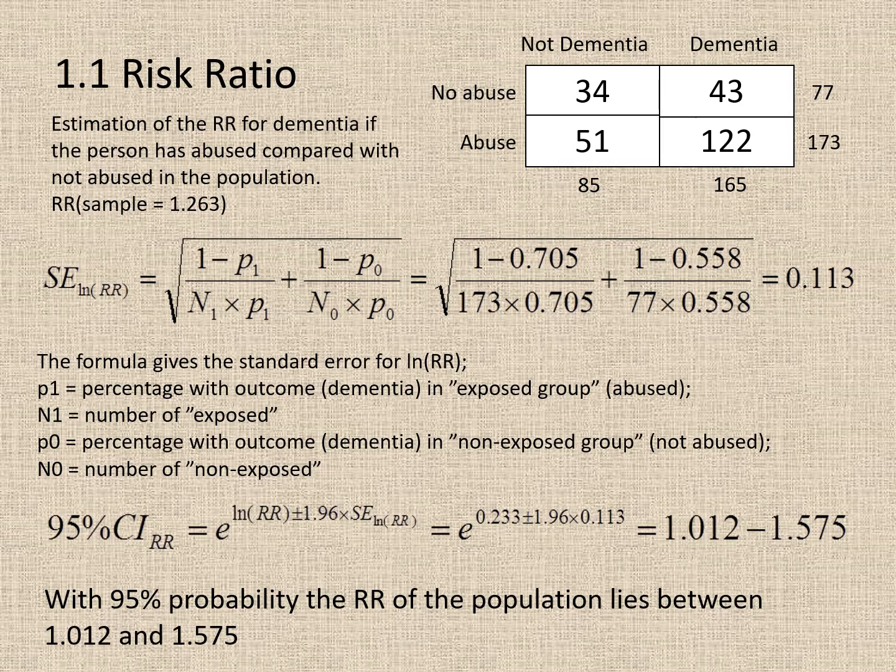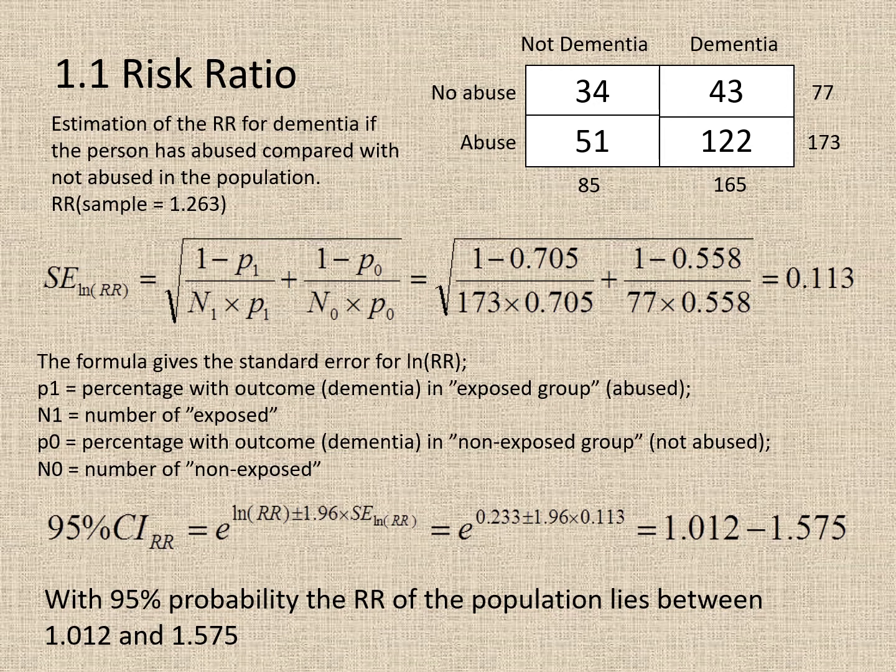The risk ratio, it's like this. If you imagine you have a population and you have some kind of risk ratio in the population, and you draw samples from that population, and you calculate the risk ratios in the samples, the distribution of those risk ratios calculated in samples is not normally distributed.